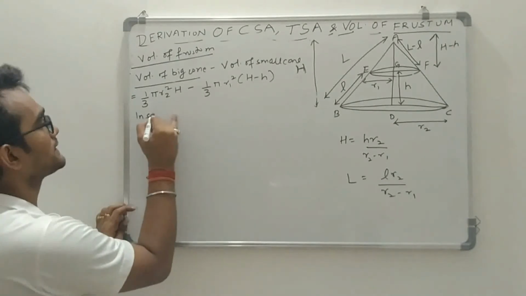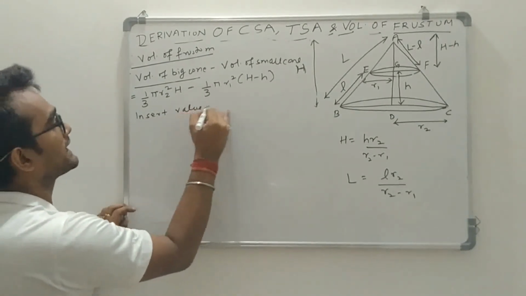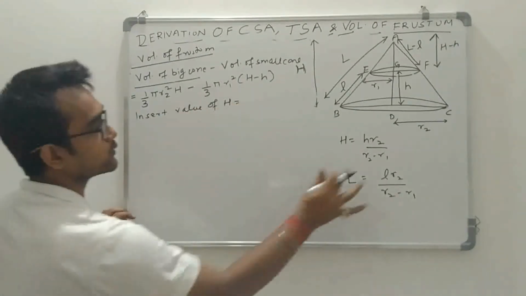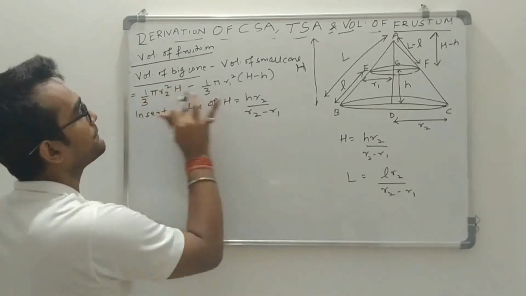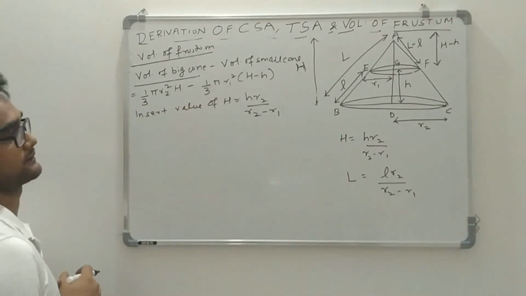I will insert the value of capital H, which is equal to hr2 upon r2 minus r1, in the above equation.